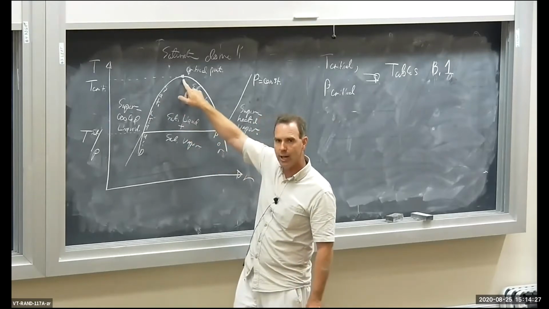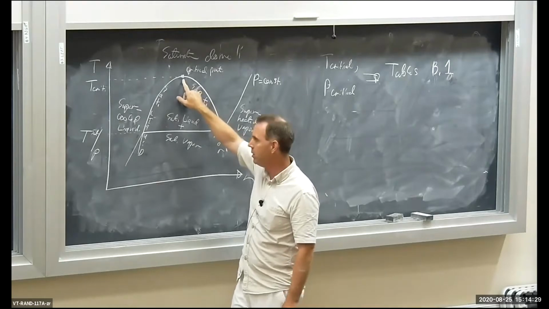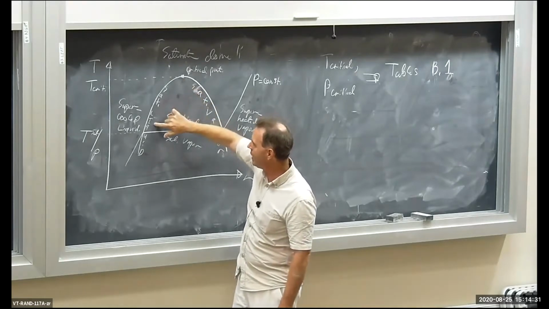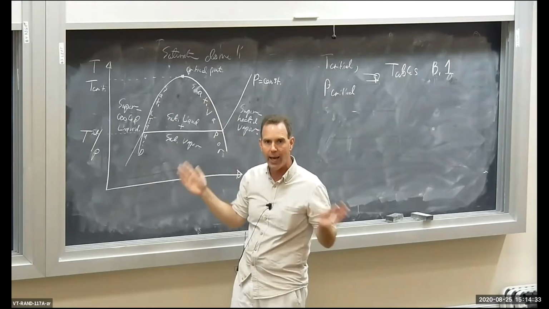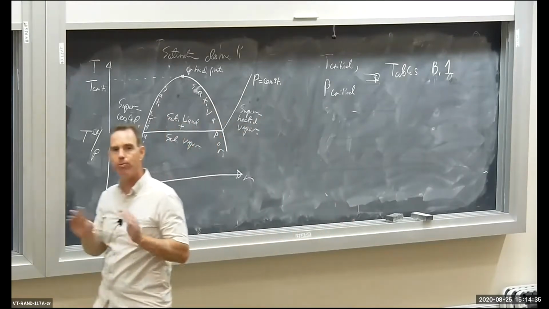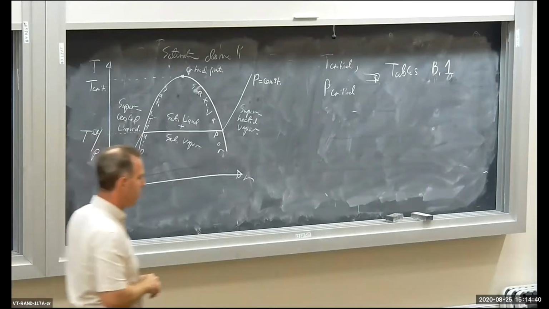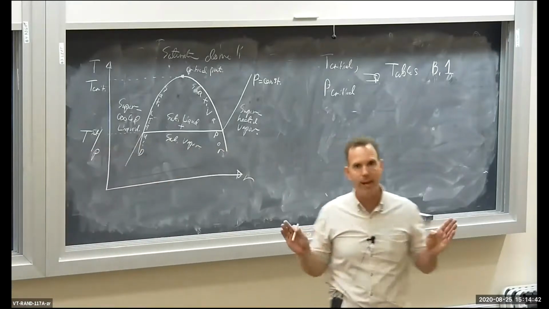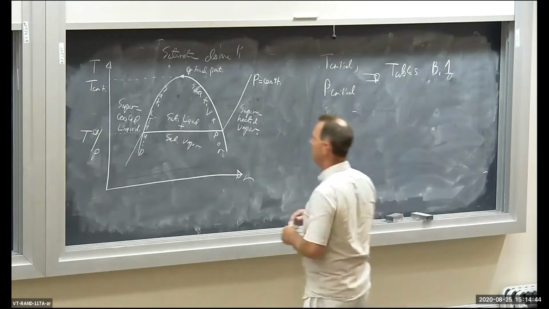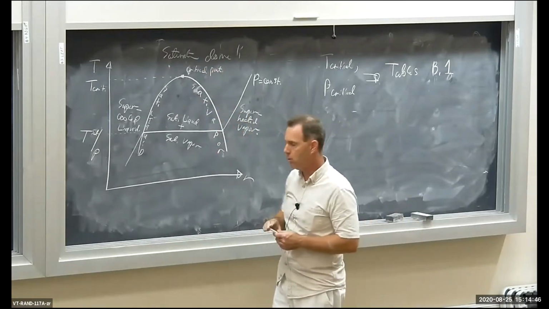When you get to the critical point, the distinction between liquid and vapor goes away, and it simply becomes a fluid. No free surface, everything behaves like a fluid above this critical point, okay?